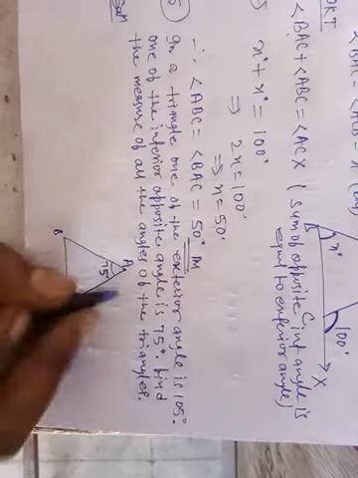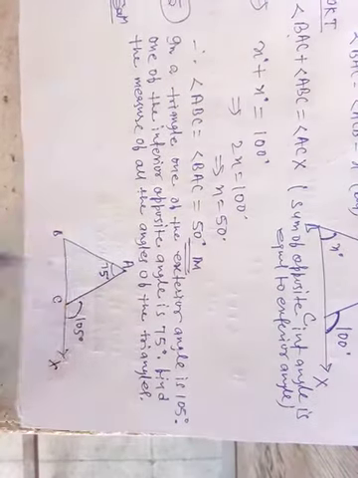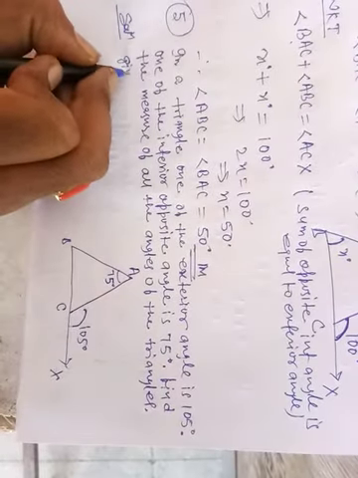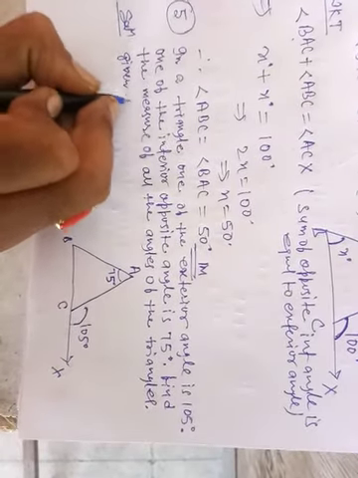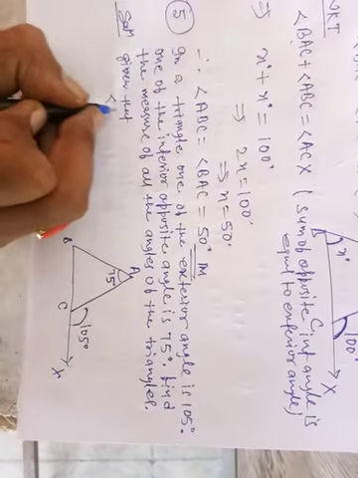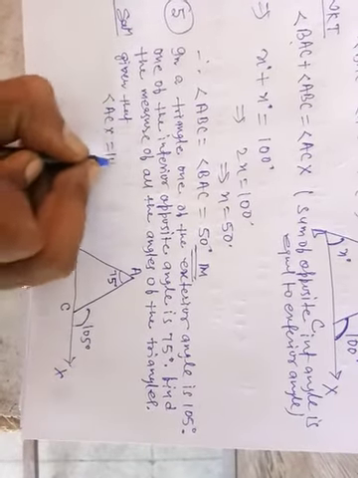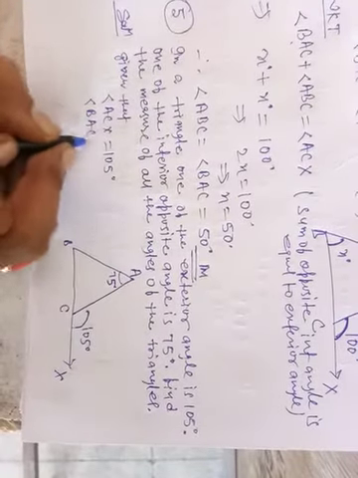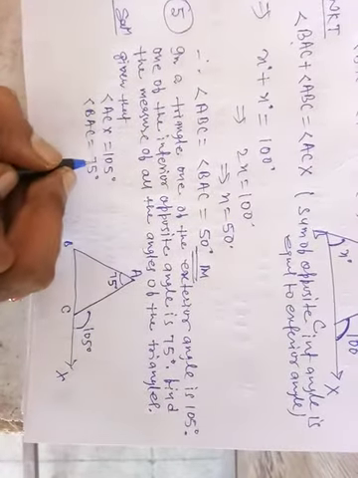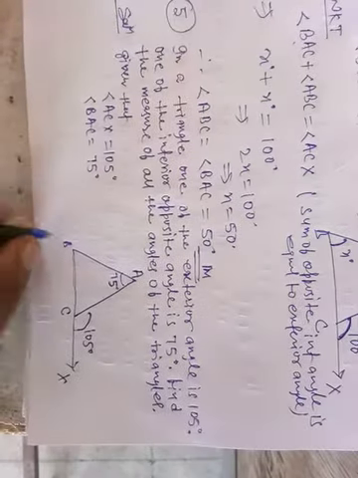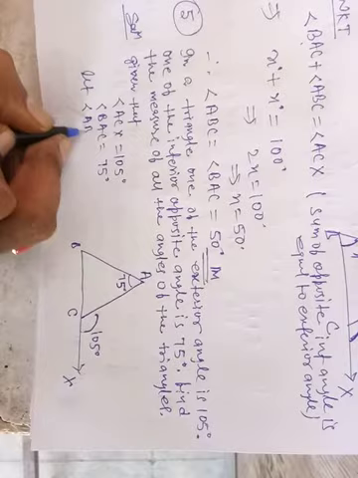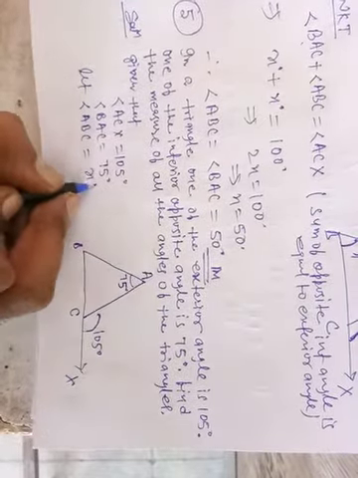You have to find the other angles. Here given that angle ACX is equal to 105 degrees, angle BAC is equal to 75 degrees. Let angle ABC is equal to x degrees.